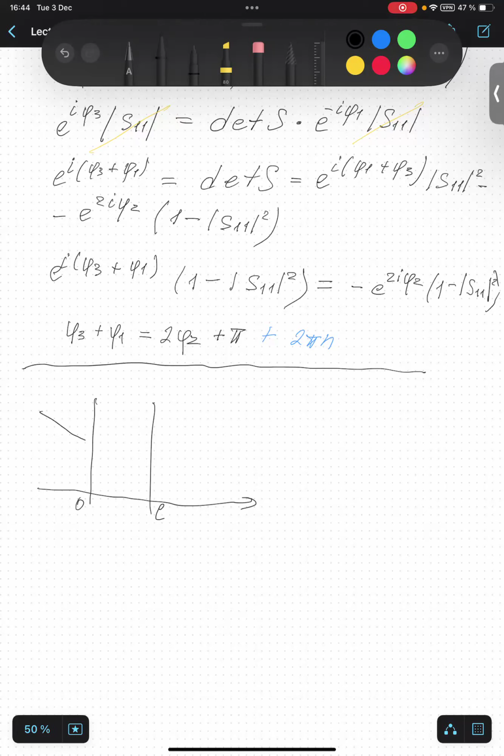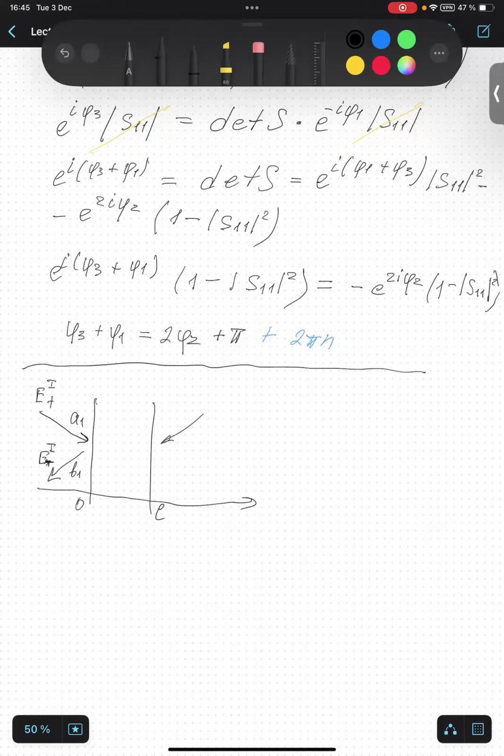What do we have? We have some incoming field again, outgoing. Let me call it E1 plus, E1 minus. And we know that this is A1, this is B1.